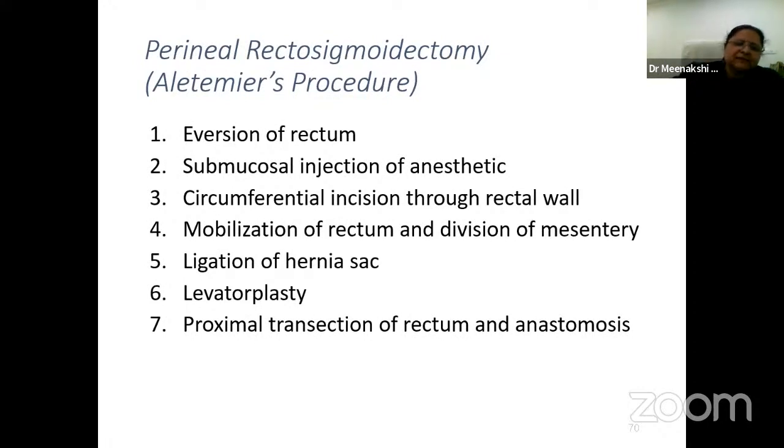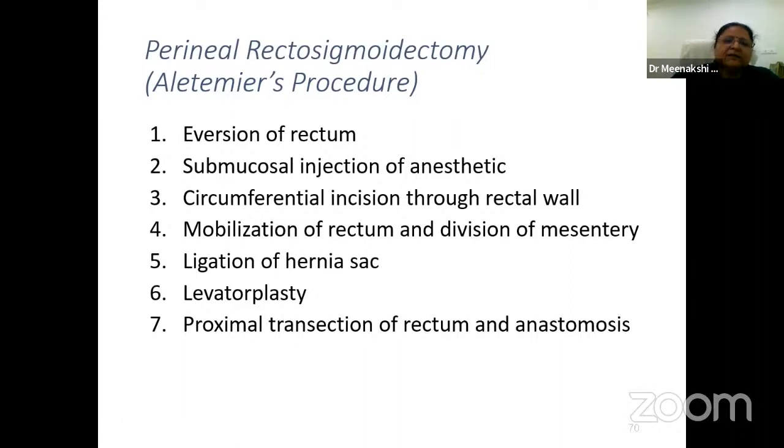In these cases, the eversion of the rectum is done, submucosal injection of the anesthetic, circumferential incision through the rectal wall, mobilization of the rectum and division of the mesentery, ligation of the hernial sac, and afterwards levatorplasty and proximal transection of the rectum and the anastomosis.